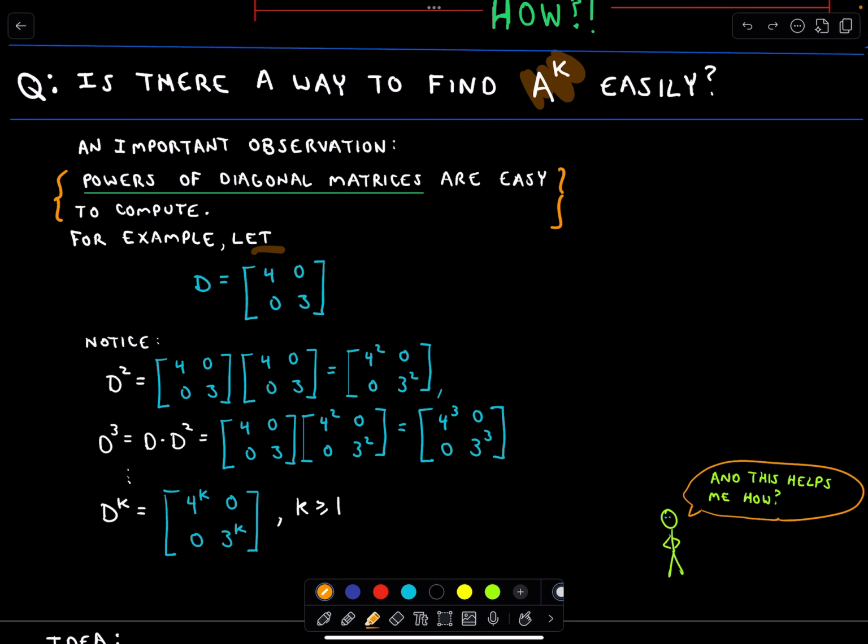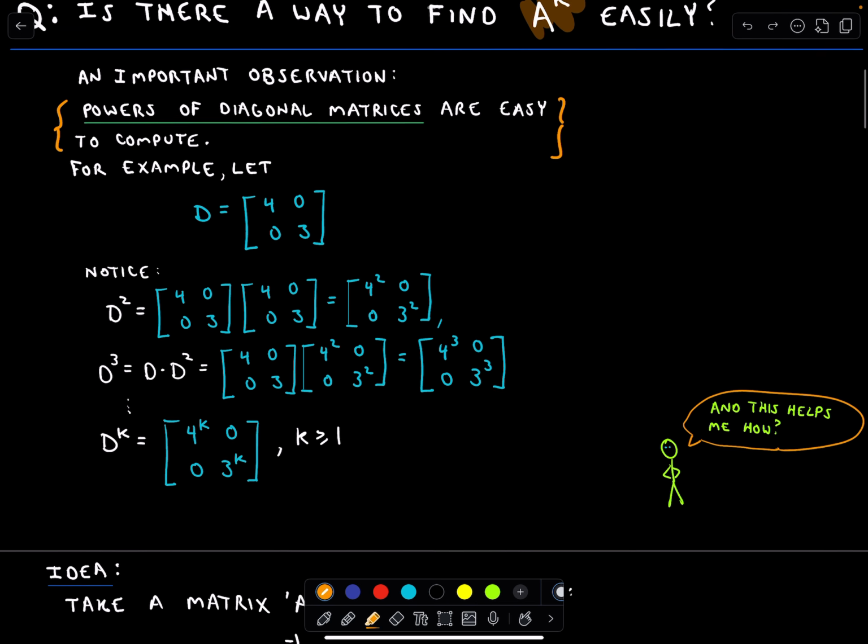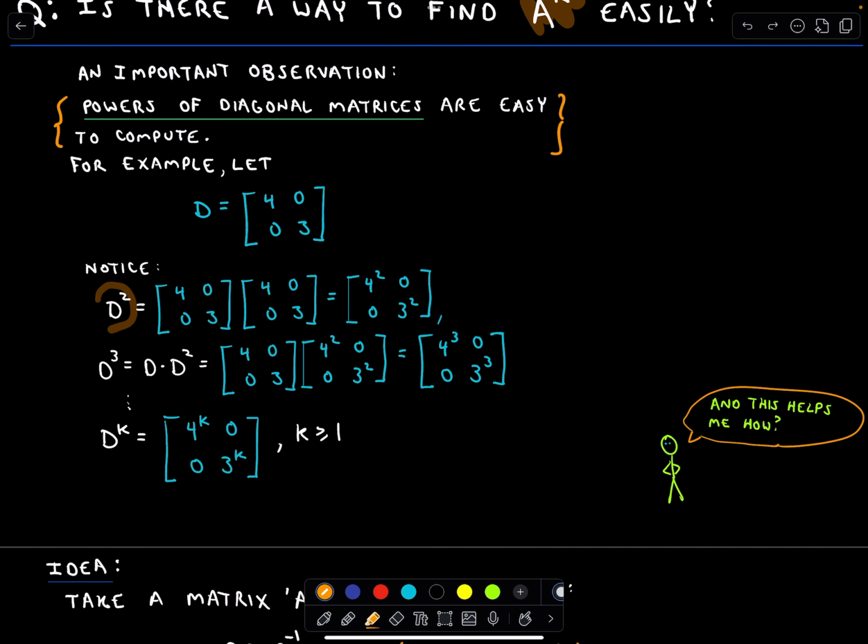So I've just got some random diagonal matrix D here. It's got entries 4, 0, 0, and 3. Again, nothing special about this other than it's diagonal. Well, suppose I multiply D by itself and compute D squared. I would just take D times D. We can use matrix multiplication to show that this is going to be 4 squared, 0, 0, and 3 squared.